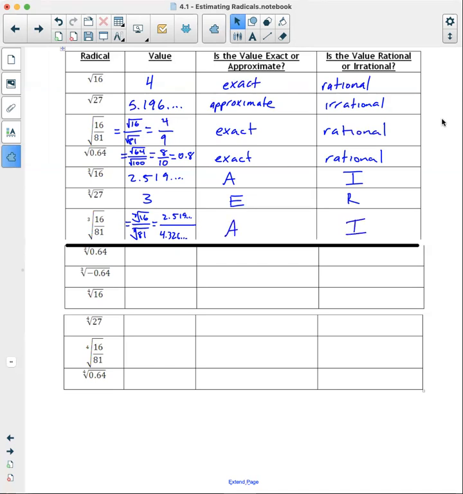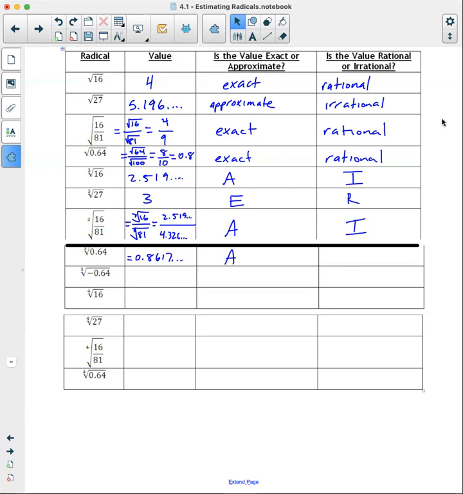Approximate and irrational. But if we were to be dividing two rational numbers, like we did up here, 4/9, that would be a rational calculation there, okay? So take the cube root of 0.64. Could also be the cube root of 0.64 divided by 100. That gives us 0.8617, bunch of decimals.